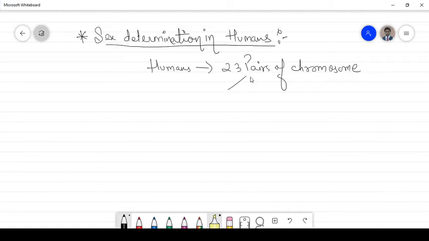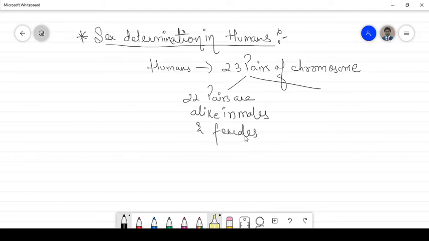Out of that, 22 pairs are alike in males and females, and that is why they are known as the autosomes.